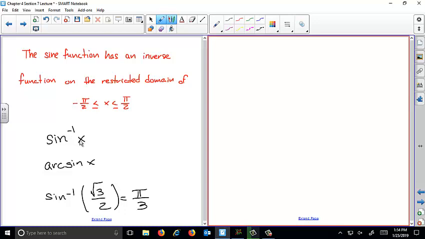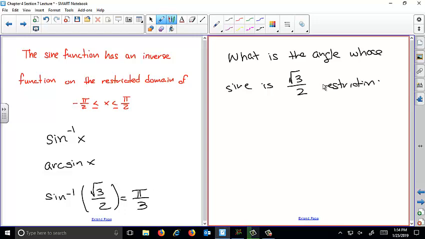Instead of saying the inverse sine, sometimes what we're really doing is saying, what is the angle whose sine is the square root of 3 over 2, restricting the angle to negative pi over 2 to positive pi over 2.